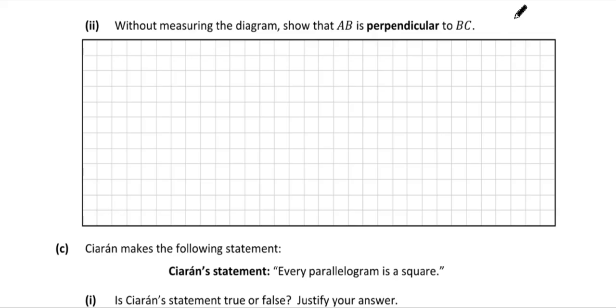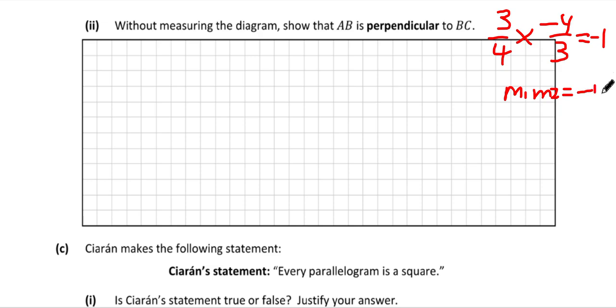So, generally speaking, would you all agree that 3/4 and turn that upside down and change the sign, the two of them are perpendicular to each other? What happens when you multiply them both by each other? So the rule is get your two slopes and multiply them, and the answer has to equal -1. This proves they do in fact cross at a 90-degree angle.